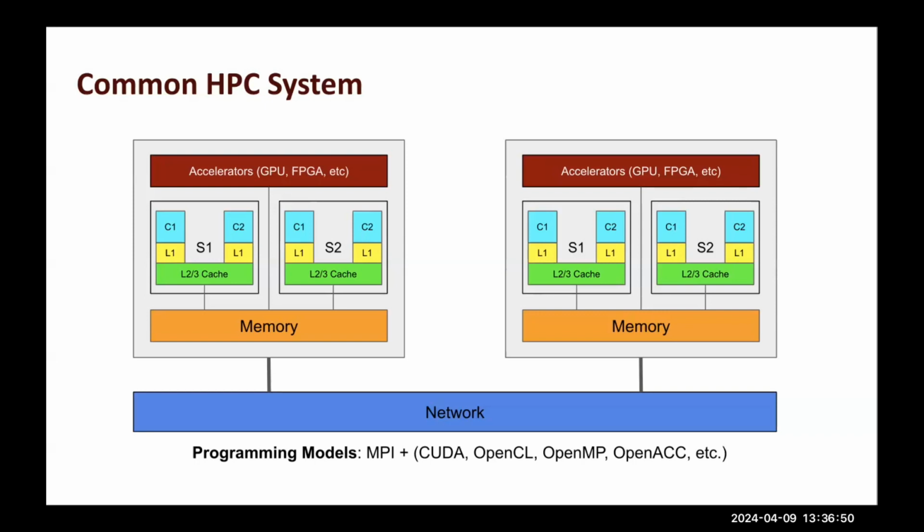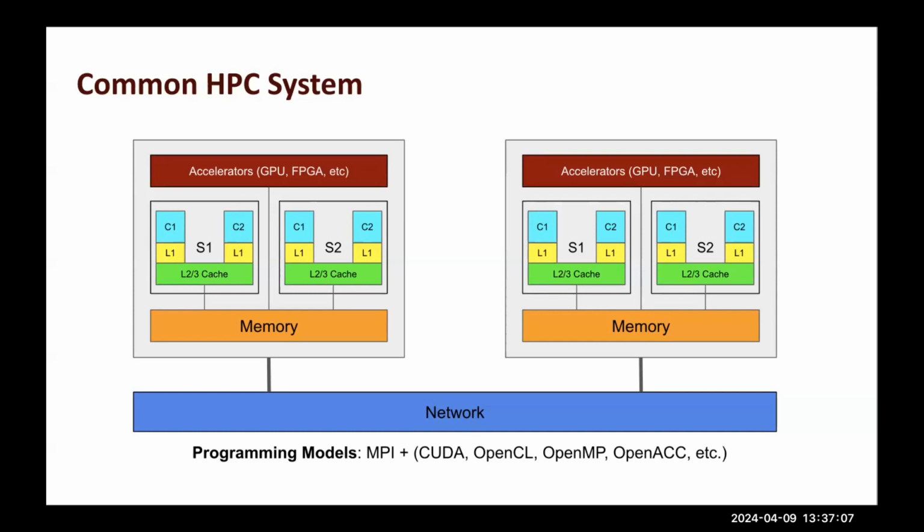Based on this architecture, there are multiple programming frameworks that you can leverage. The most commonly used one in the HPC community is MPI plus some other programming language that you can use to help speed up the processing.